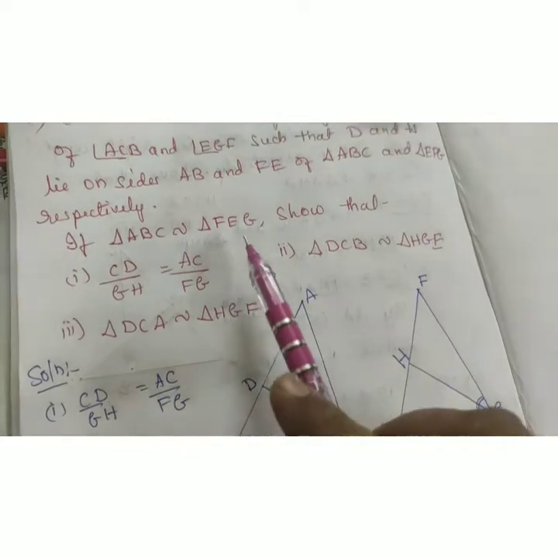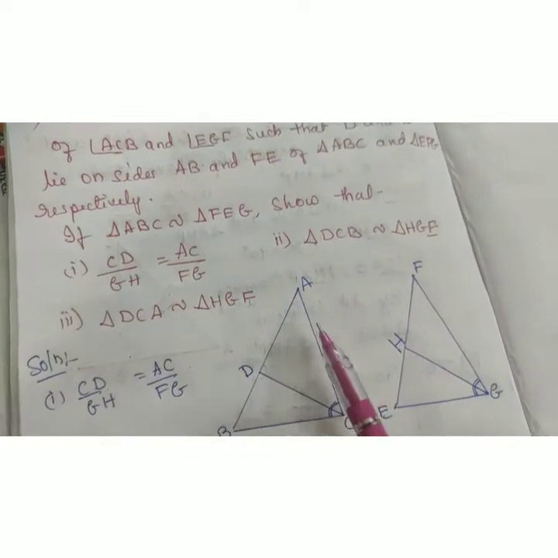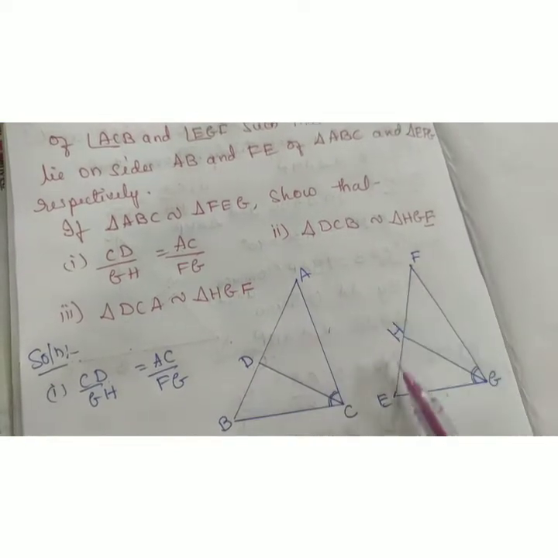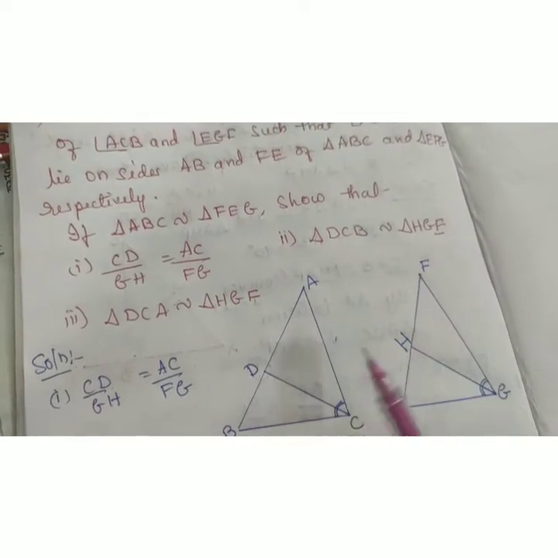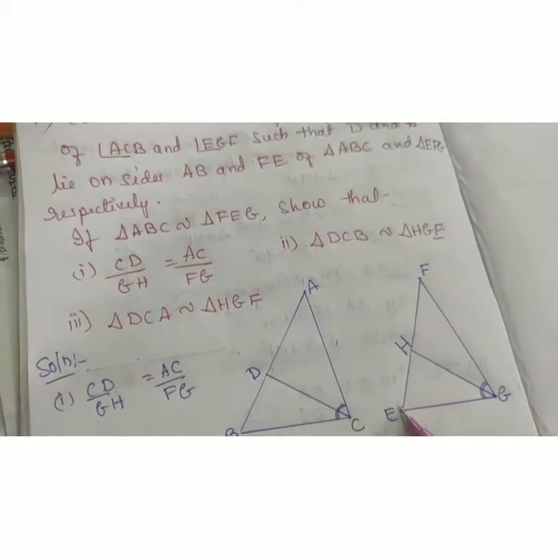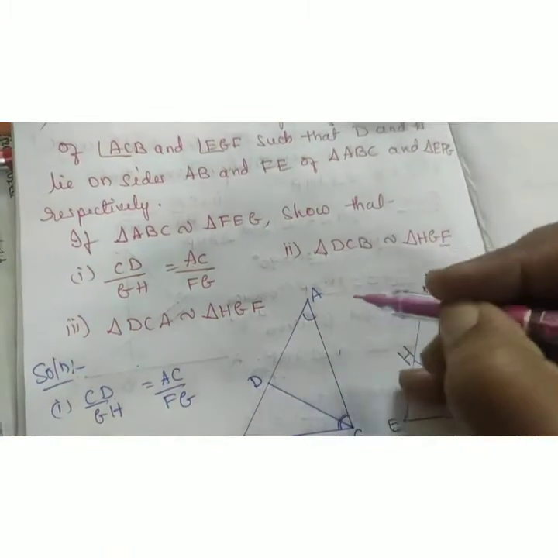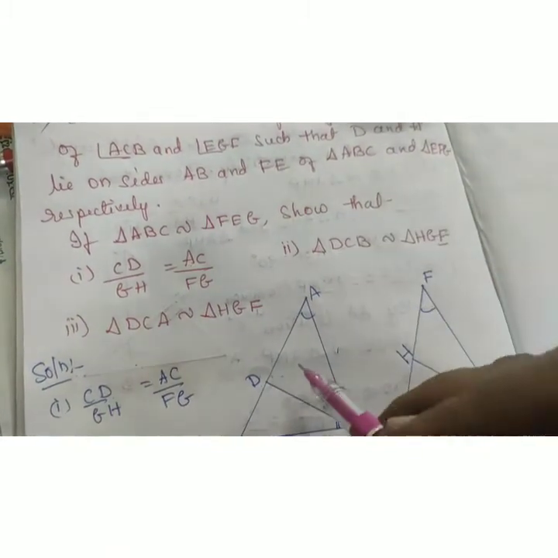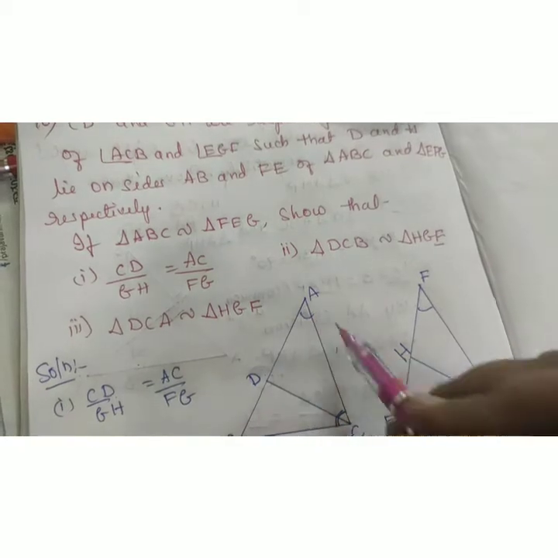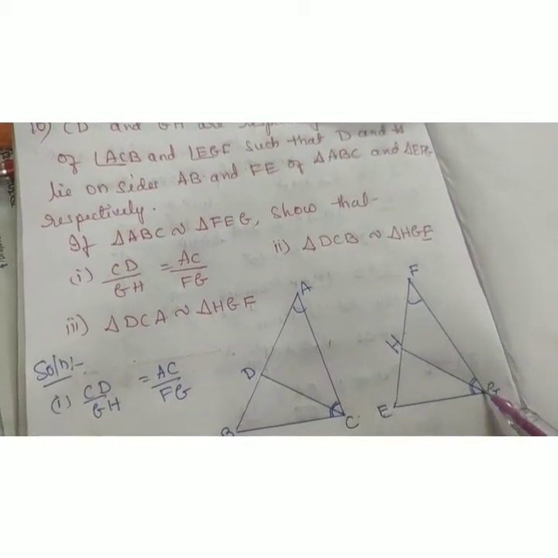Okay, so first let us take the given: triangle ABC is similar to triangle FEG. So triangle ABC similar to triangle FEG means corresponding angles will be equal. Therefore angle BAC will be equal to angle EFG. Or I can say angle DAC is equal to angle HFG.